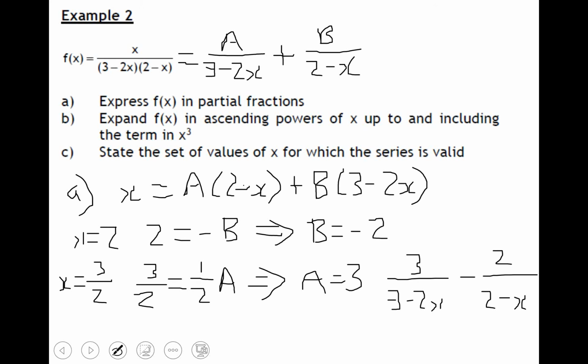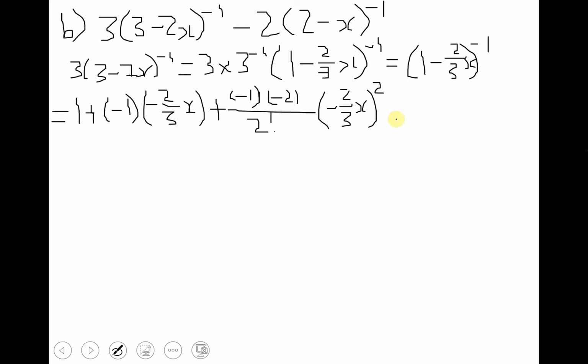And in this case we're going up to x cubed, so we'll need another term. So plus minus 1 times minus 2 times 1 less again, minus 3, over 3 factorial, times (minus 2/3 x) cubed, technically plus dot dot dot.